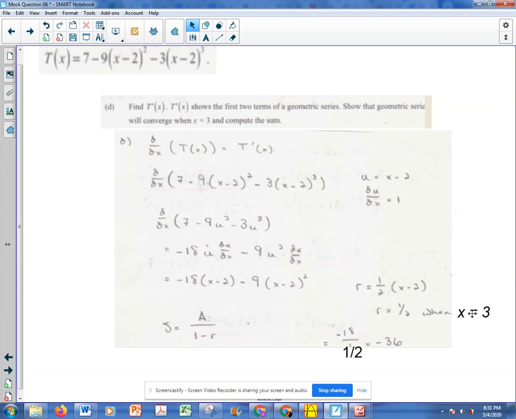When we plug x equals 3 into the first term, 3 minus 2 is 1, and 1 times negative 18 means the first term is negative 18. And when we plug in 3 here, our r value turns into a half. When you divide negative 18 by 1 minus a half, you get negative 36. And that would be the sum.